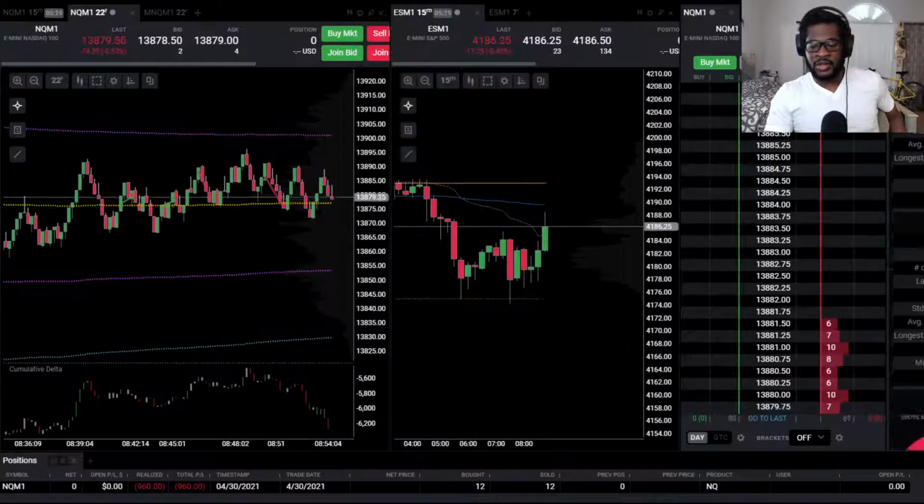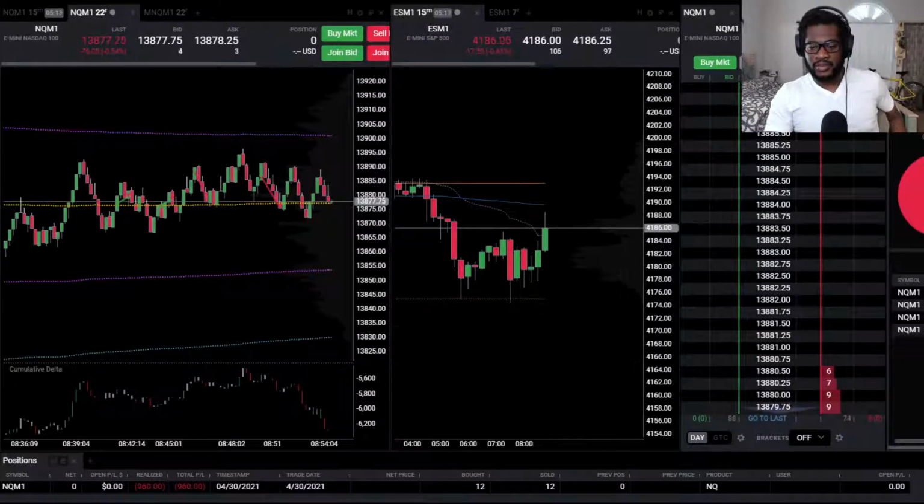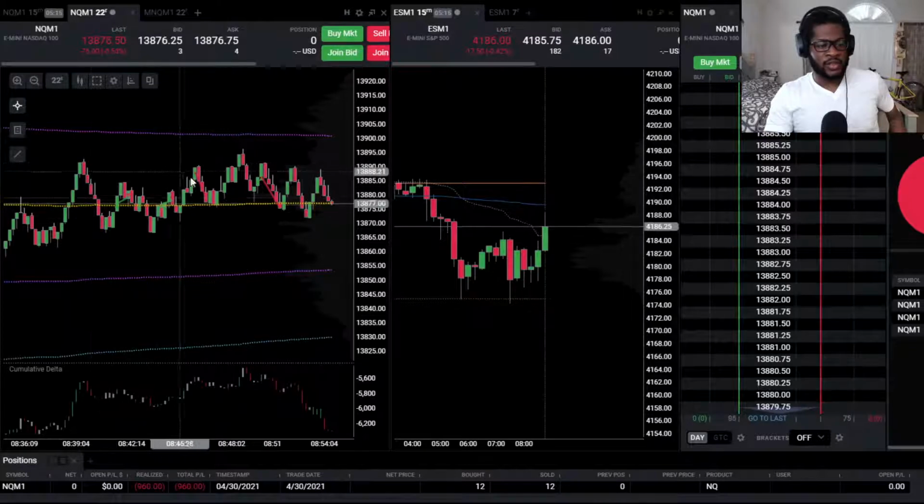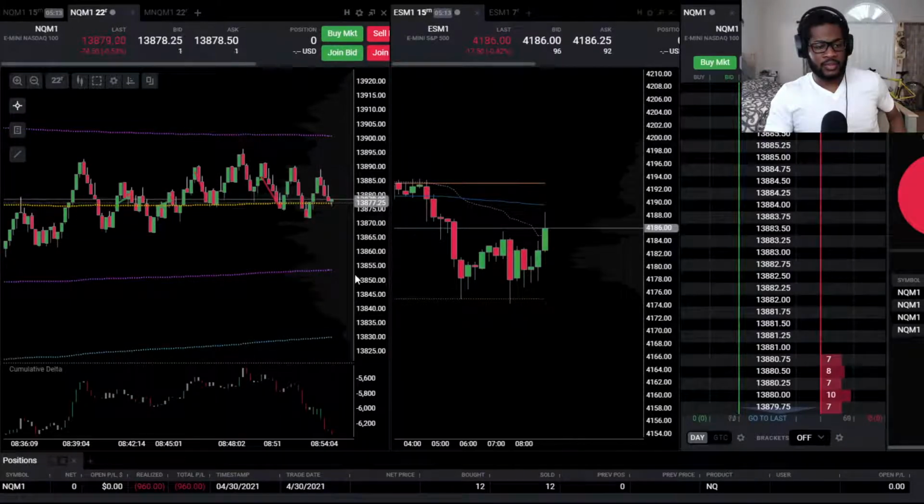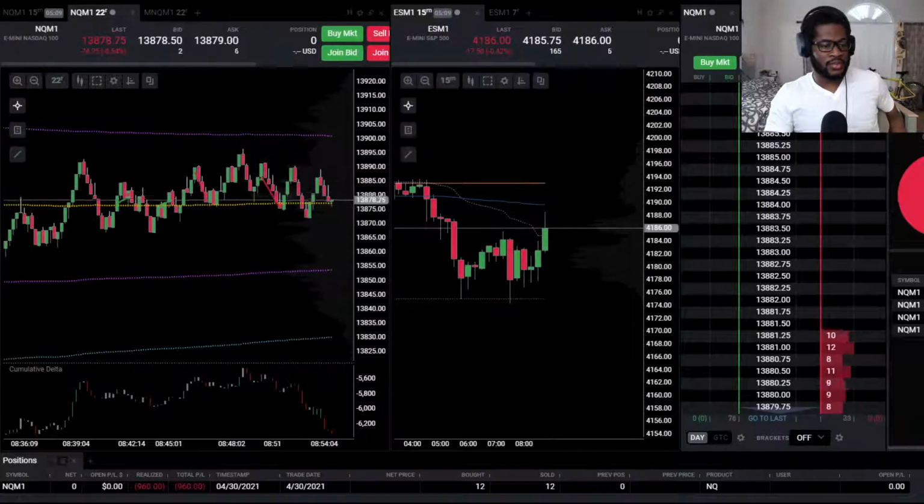Like, I think I've taken what, 3 trades now that failed in this little range area here. Or is it 2? That's 2.